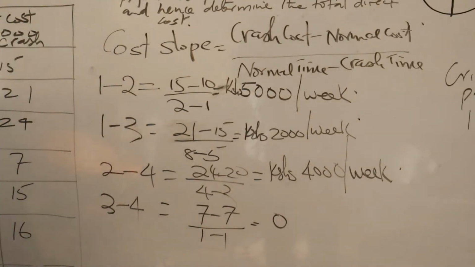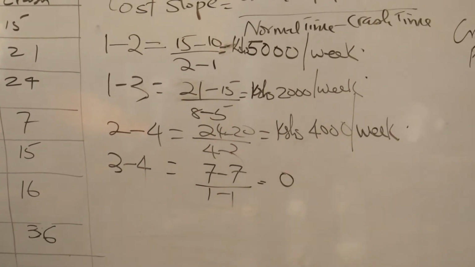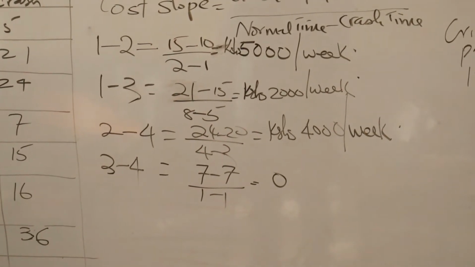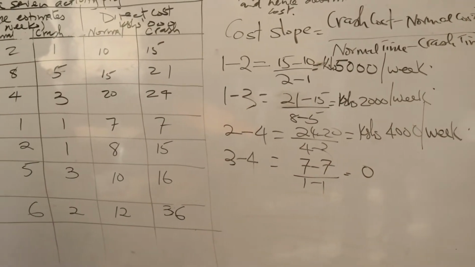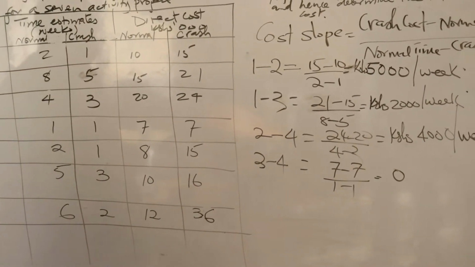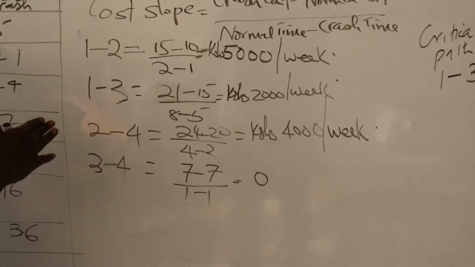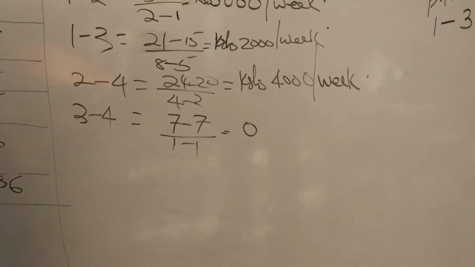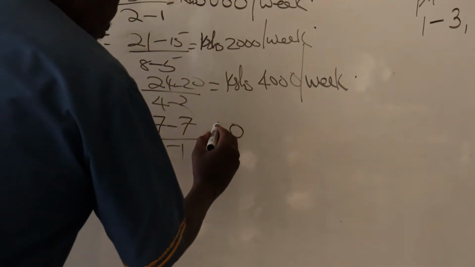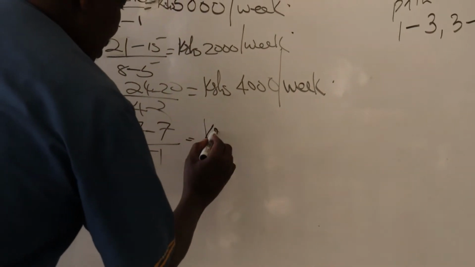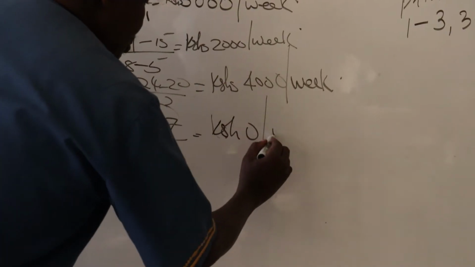This activity 3 to 4 has no available time for crashing, because the available time is calculated by subtracting the crash time from the normal time. This gives us 1 minus 1, which is 0, and therefore that activity cannot be crashed. It gives Kenya shillings 0 per week.